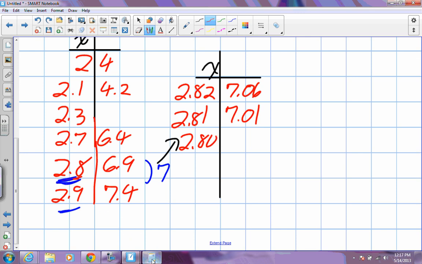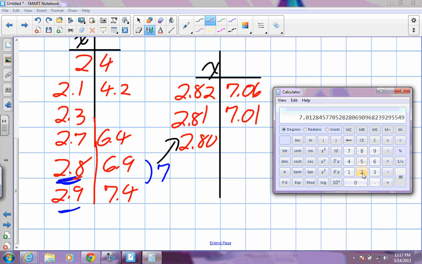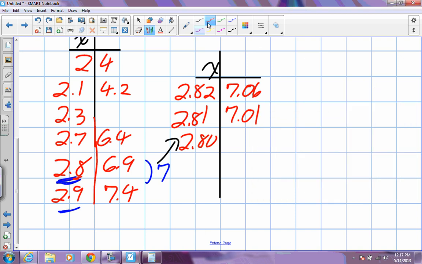Well, it's very close, and we're going to take the value that's closer. So 2 to the power of 2.80 gives 6.96. I would say 2.81 is closer.